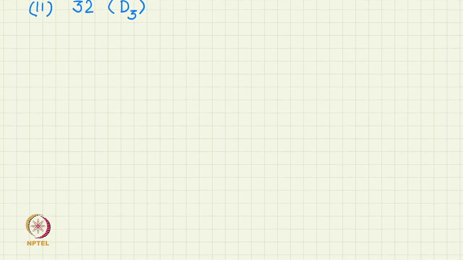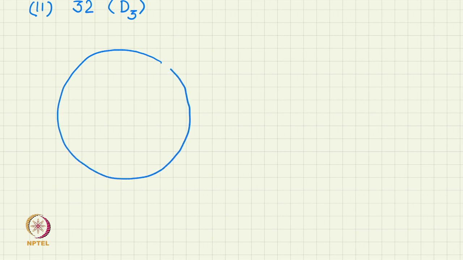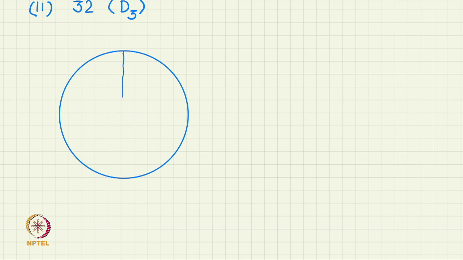So, now again we will do it stereographically. We start with our primitive circle. Since a three-fold rotation is involved, I need reference lines at 60 degrees. So, I draw these reference lines.